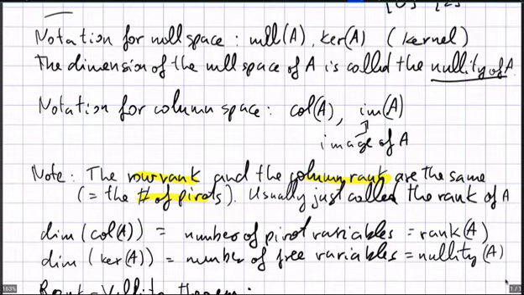The dimension of the row space and the dimension of the column space both come from the number of pivots. So for that reason, there is no reason to distinguish row rank and column rank. Simply, it's just called the rank of the matrix A.